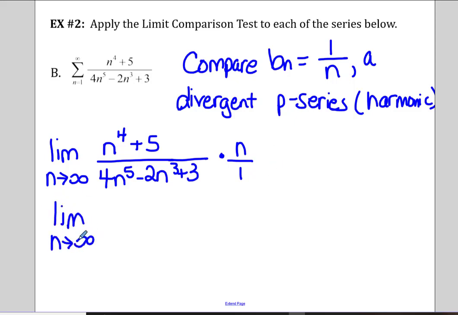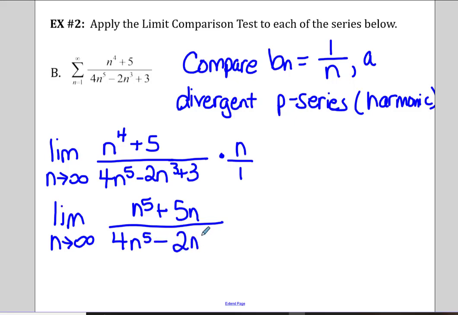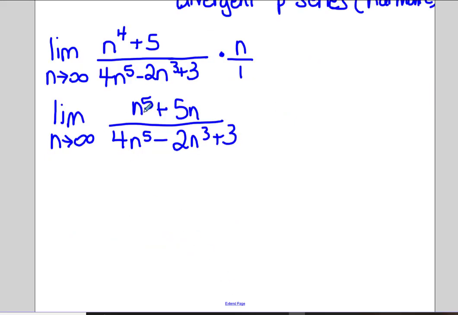The limit as n approaches infinity will be n to the 5th plus 5n over 4n to the 5th minus 2n cubed plus 3. And as n goes to infinity, all of this other stuff doesn't matter, and we get 1/4. So it's finite and positive. Our limit is finite and positive. It's between 0 and infinity.